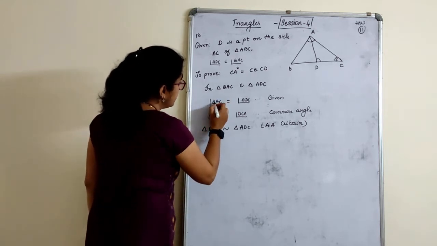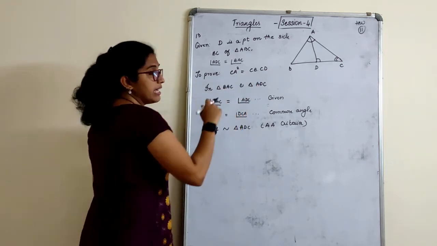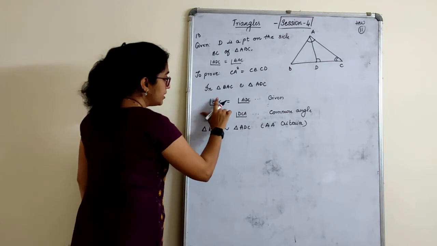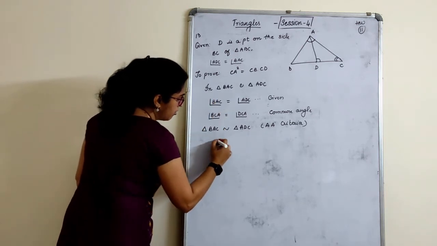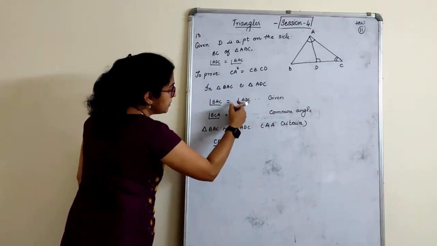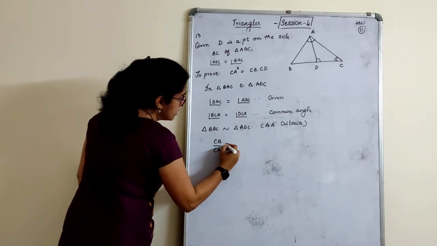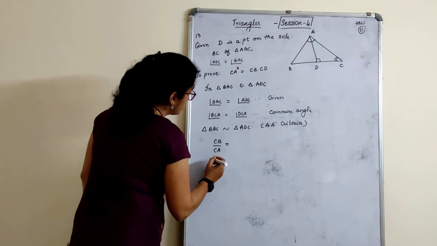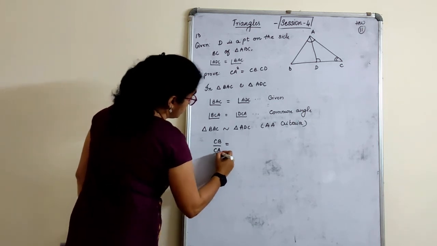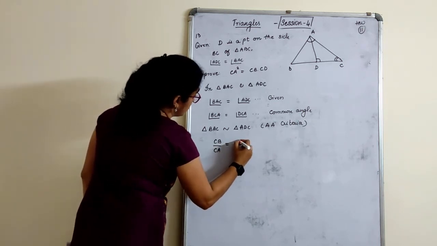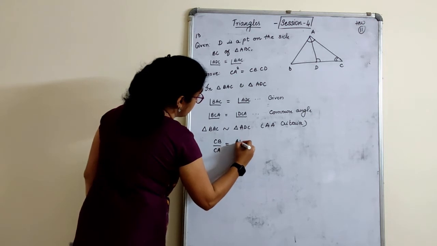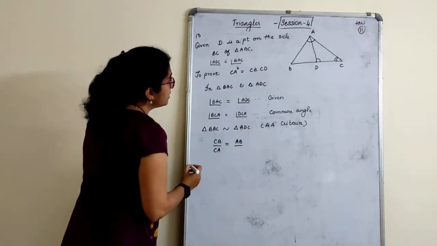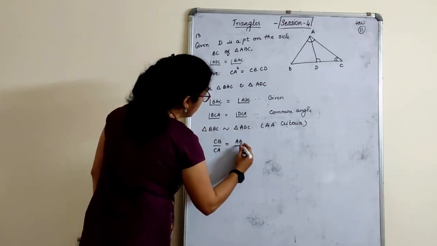So proportional sides, see here, whatever vertices they have chosen, let us stick to that. So here if I close A, it is BC or CB. CB upon CA is equal to, I am just reading it like this, CA upon, AB upon AD.